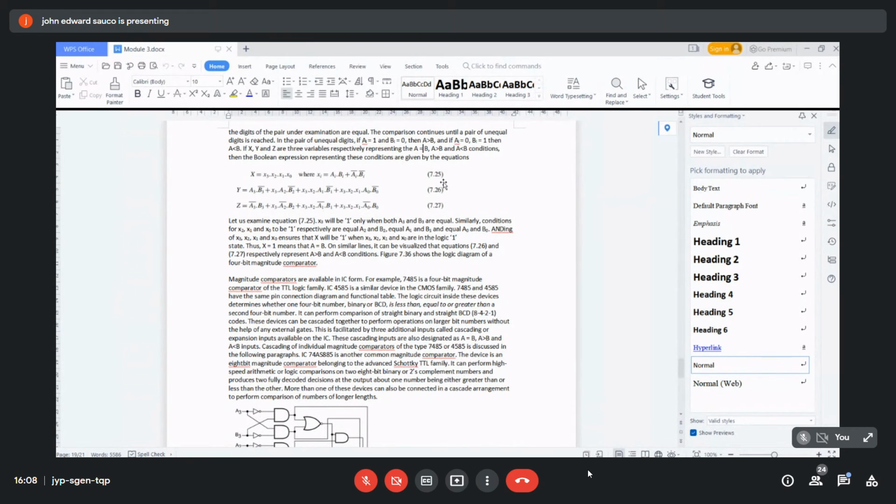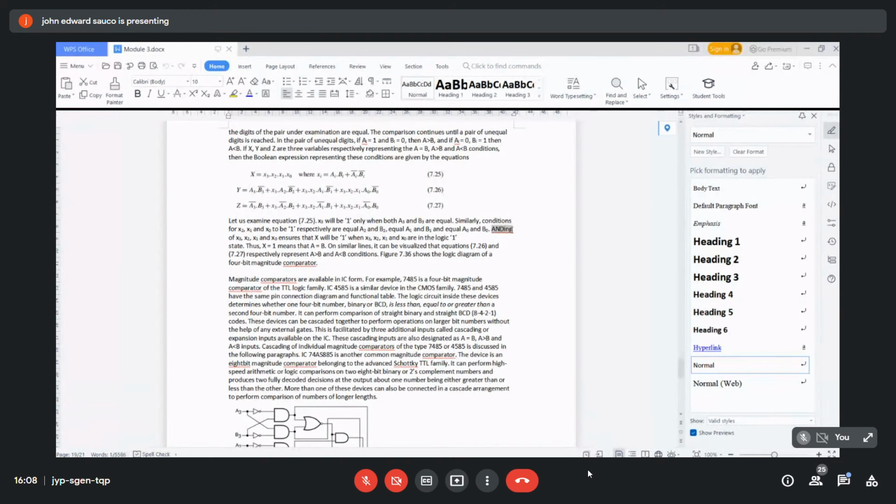So, dito muna tayo sa 7.25. So, yung X3 will be 1 only when both A3 and B3 are equal. So, okay, X3 is 1 kapag yung A3 and B3 equal. And then yung X2, X1, X0, dapat 1 din para yung X na to is mag-1.